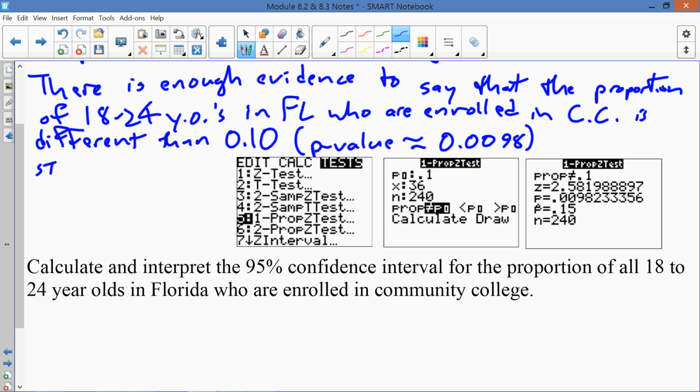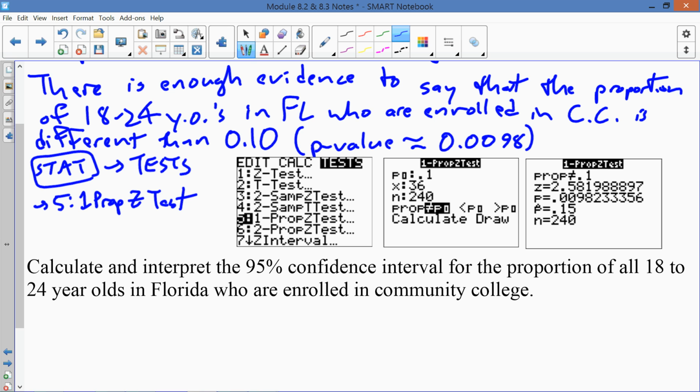I went to the stat button, and then the tests heading, and then number 5, 1 prop Z test. And then this is from H0. This is successes. Sorry, I know that's hard to read. And this is sample size. All right. So that's how you can get that directly from the calculator.